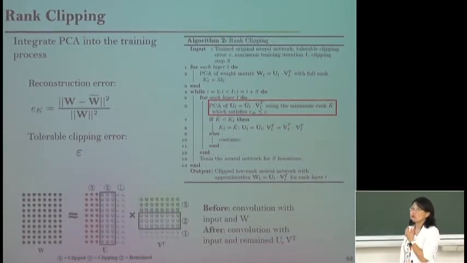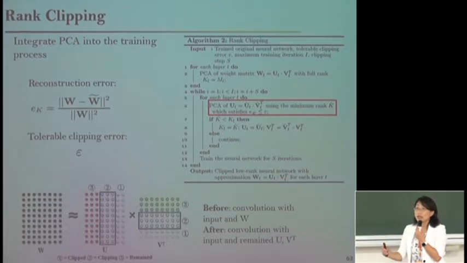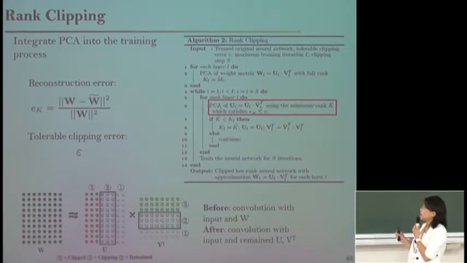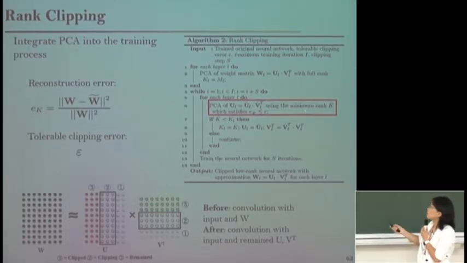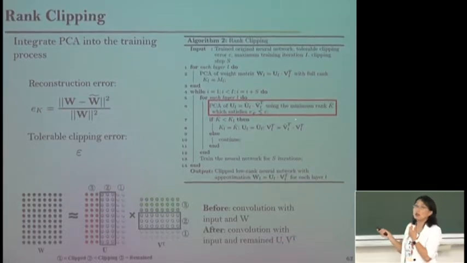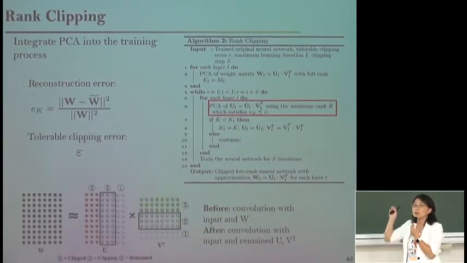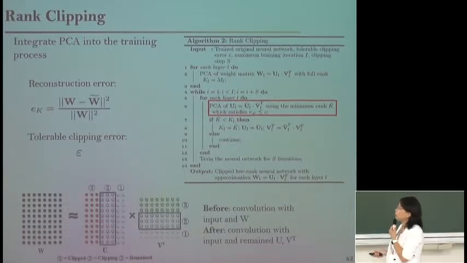In our design of rank clipping, we integrate the PCA into the training process. As you can see, we're not separating the whole process into individual actions. We are always trying to improve the training process so the trained networks will be easy to implement on memristor crossbar arrays.